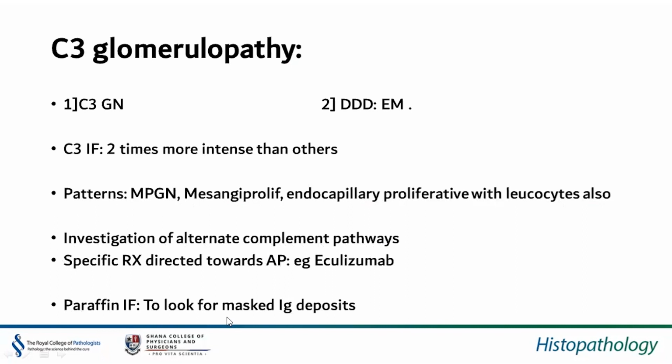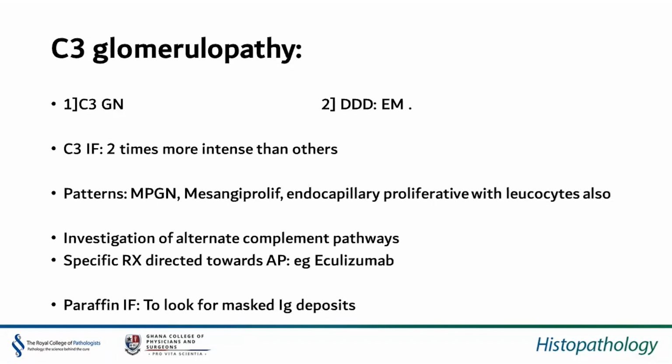And you must do a paraffin immunofluorescence if you suspect a C3 glomerulopathy, to look for masked IgG deposits. Sometimes the bit for immunofluorescence is sent in the transport medium, and if you do immunofluorescence in cryostat sections of transport medium biopsies, the staining for the immunoglobulins may be less, and you may not pick it up.